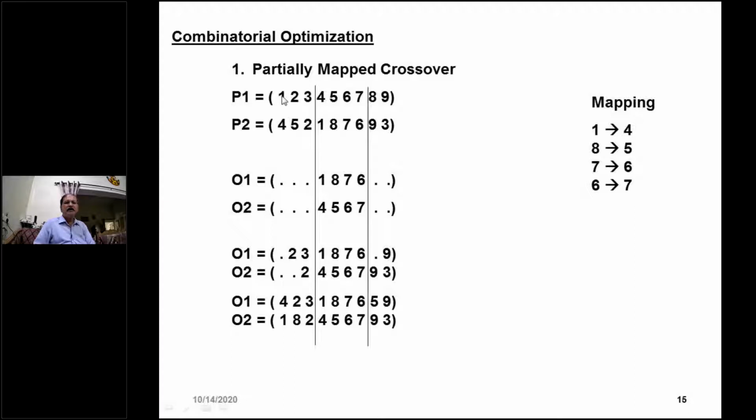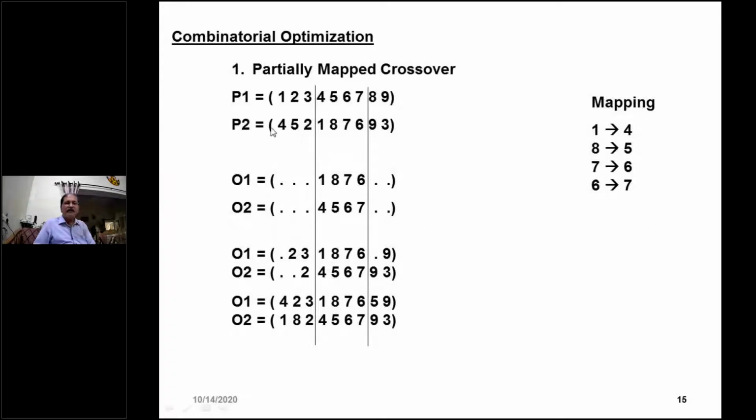In the parent, it is 1, and 1 is mapped to 4, so you put 4 here. Then for the next vacant position, in the parent the number is 8, and 8 is mapped with 5, so we put 5 here. If you don't do this, then the numbers will be repeated and you will not get a good combination. That's why you have to follow such rules.